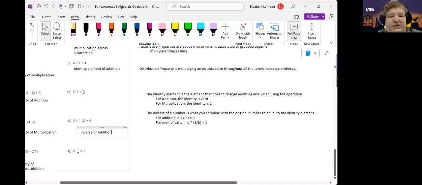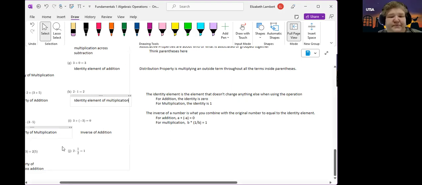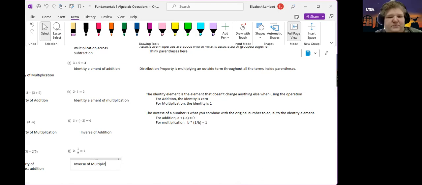Those are really the words you need to know. Identity element property of multiplication. And then down here, the inverse element property of multiplication. Usually, though, we'll call those multiplicative inverses, additive inverses.